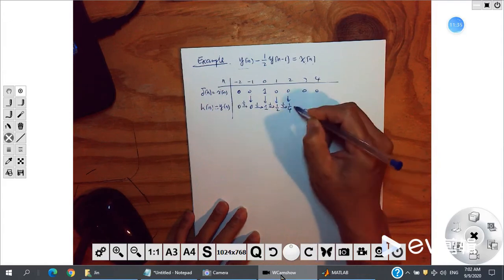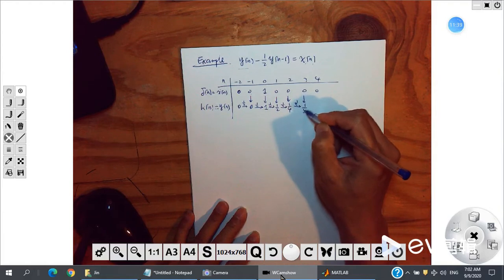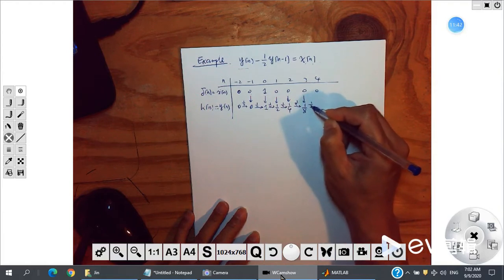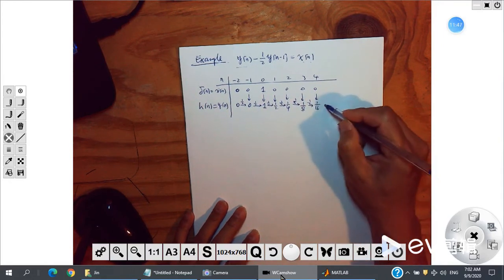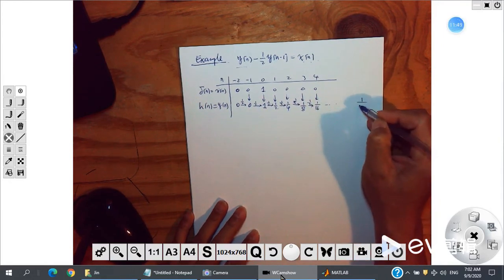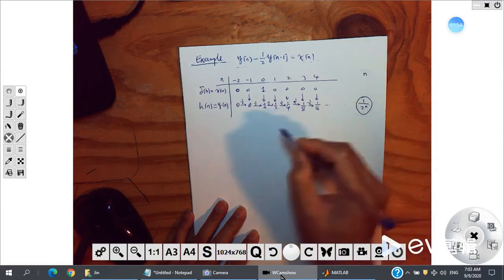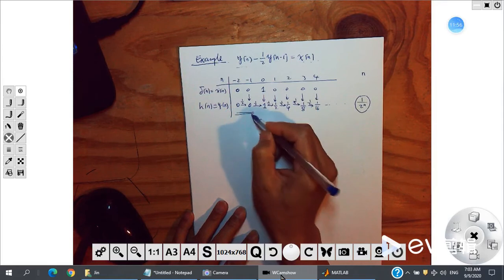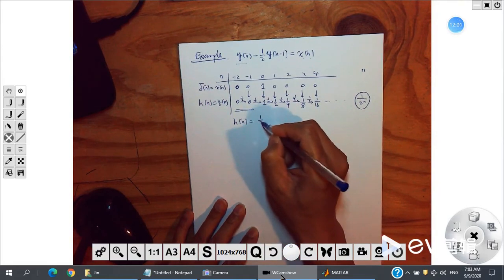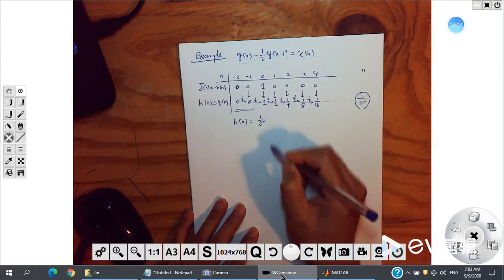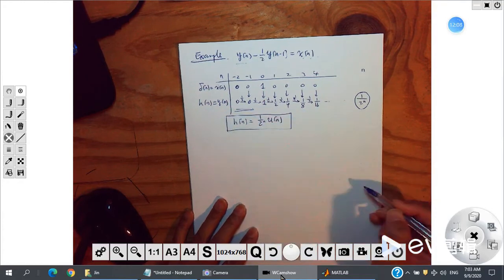And half of this, you do summation, you have 1/8. Keep doing it this way, 1/16, and more. Every time it is 1 over 2 to the n. And for negative n, they are 0. So we have h of n is 1 over 2 to the n times u of n. So we have this one as the answer.